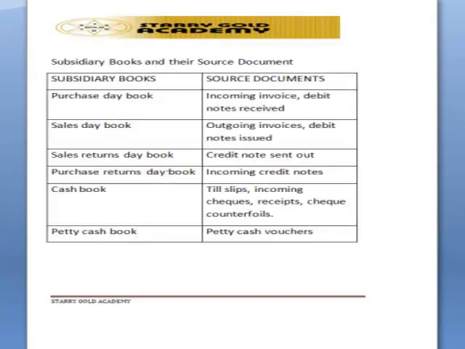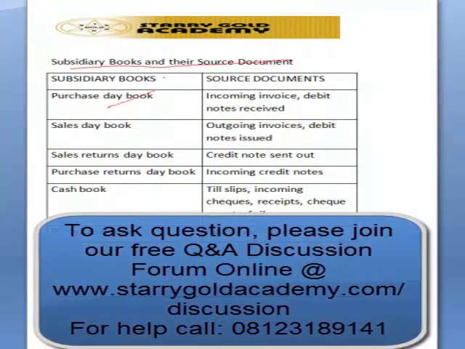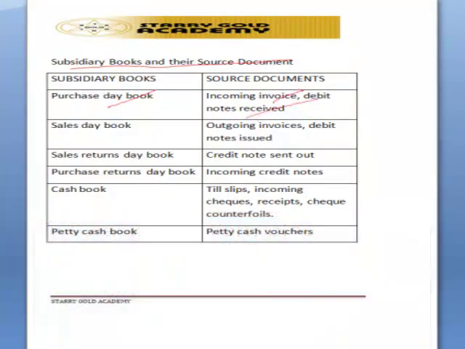Now let's look at them in a tabular form: subsidiary books and their source documents. Remember, we just finished documents earlier on. For the purchases day book, the source documents are incoming invoices and debit notes received. The sales day book, outgoing invoices or debit notes issued. Sales return day book, credit notes sent out.